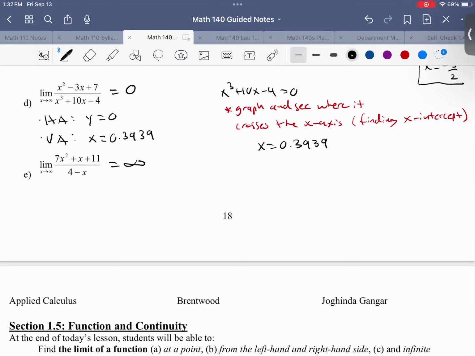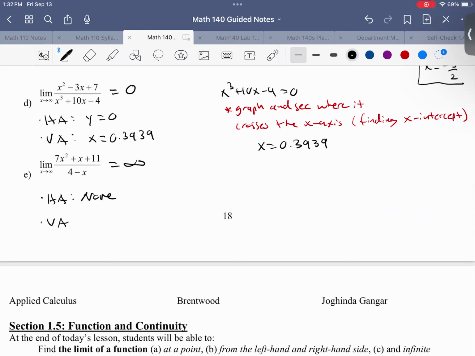Okay. And that also means that our horizontal asymptote is none. Since it's going out to infinity, there's nothing stopping it. It's not reaching anywhere. It's just going to infinity, so there's no horizontal asymptote.